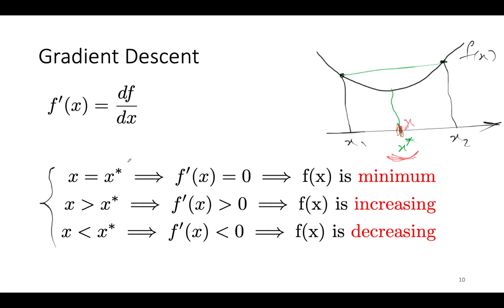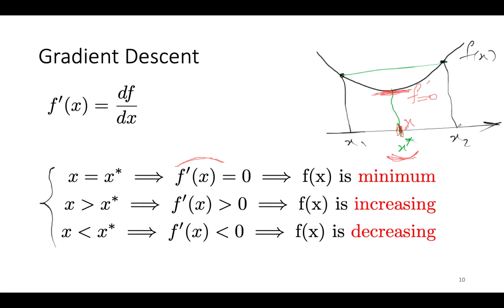If f prime of x turns out to be 0, it shows that f of x at this point, which was x star, is minimum, right? So you can just see that the f prime is 0 at this point, and it shows that x at this point is minimum.